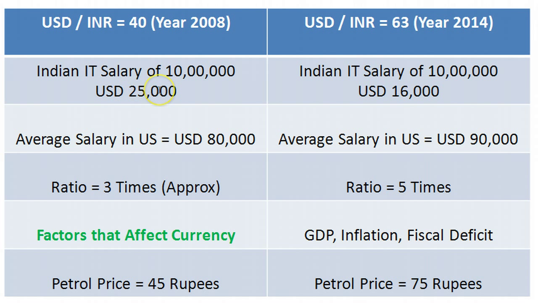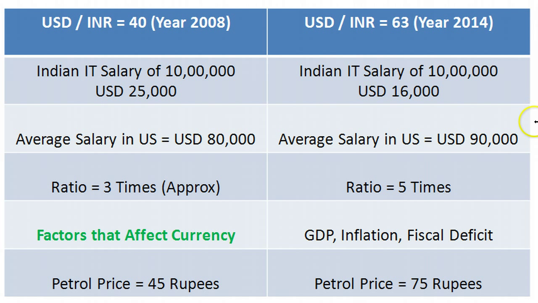So whatever you are earning comes in US dollars. They would pay you 25,000 US dollars for 10 lakh rupees at a conversion of 40 rupees per dollar. Today, since it is 63 rupees, they just have to pay you 16,000 US dollars. So the Indian workforce has become a lot cheaper.